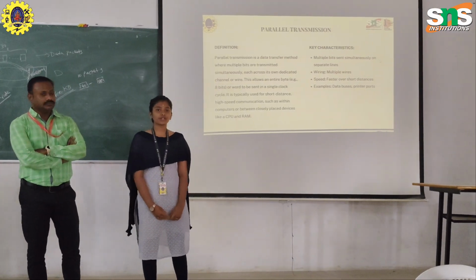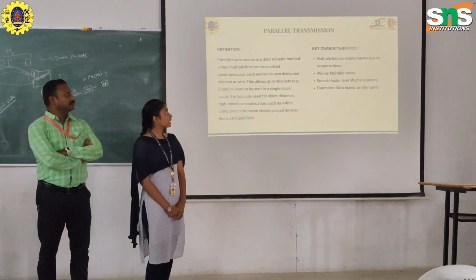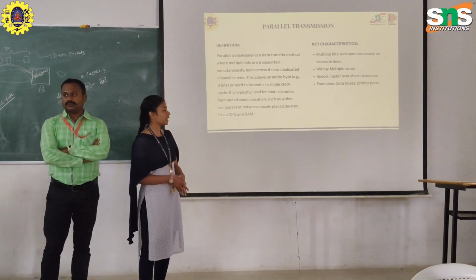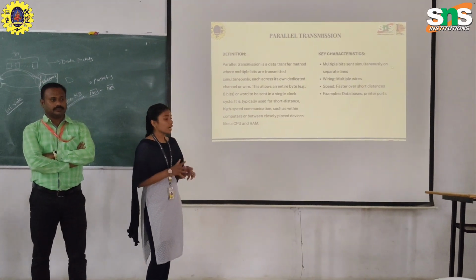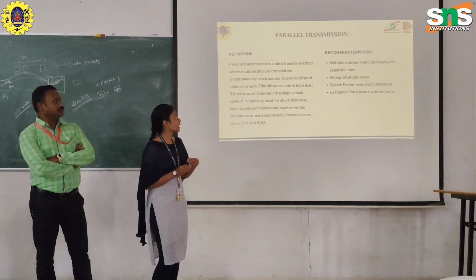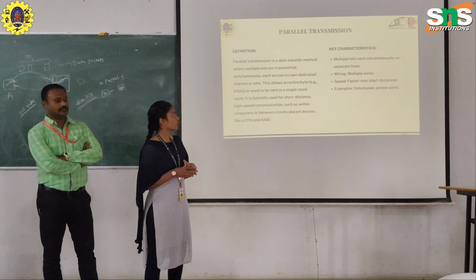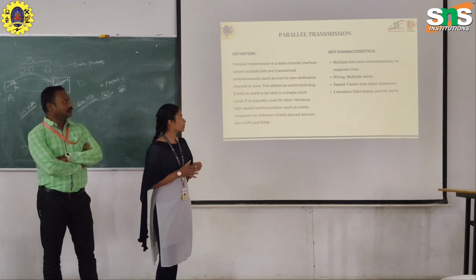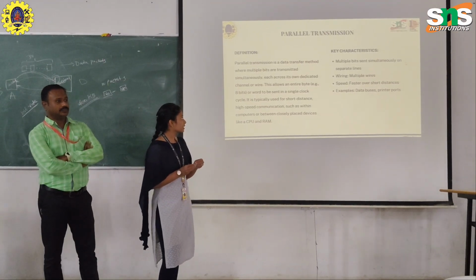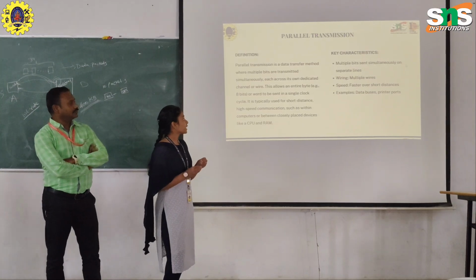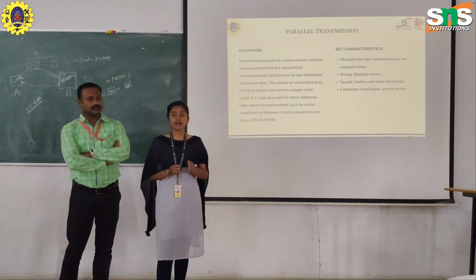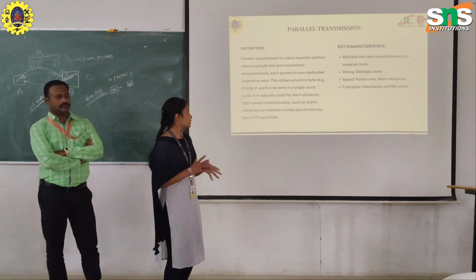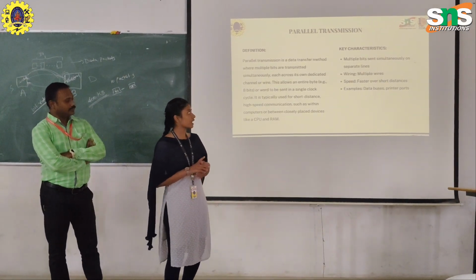Myself Vedikava, and today I am going to explain parallel transmission. Parallel transmission is when two or more communications take place at a time simultaneously, each across its own dedicated channel or wire. It sends a word of 8 bits in a single clock cycle. It is used for short distances and high speed, as in CPU and RAM memory.